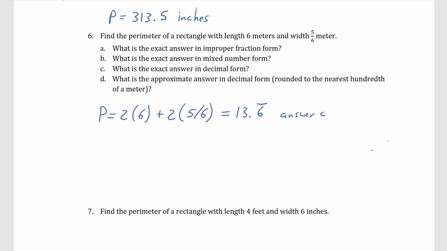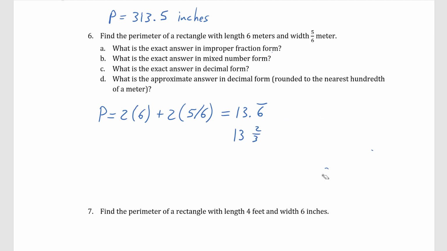If we convert that using our calculator to a mixed number first, you're going to press the second key and the PRB key, you should get that this is 13 2/3.